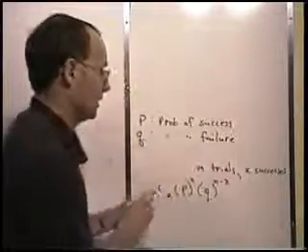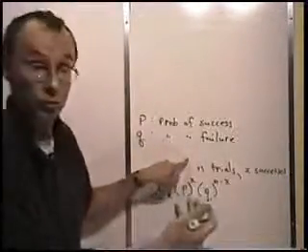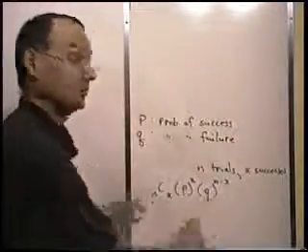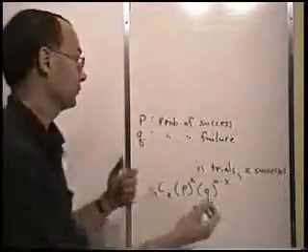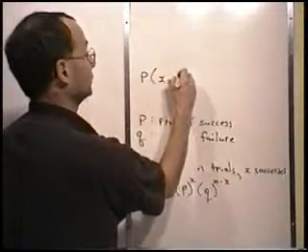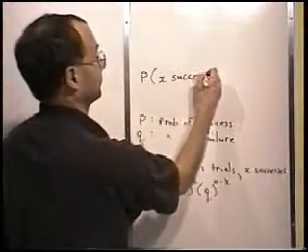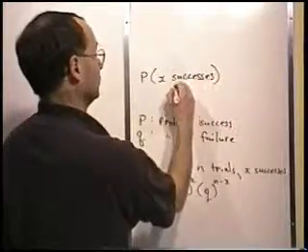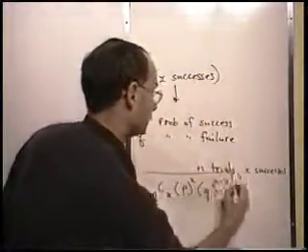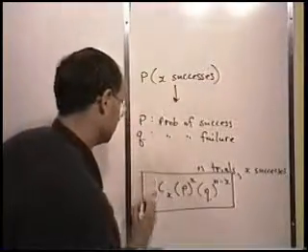What we have is n trials, or n throws, and x successes, and so this gives us the probability of what? Well, the probability of x successes. That's what this guy down here in particular gives us.